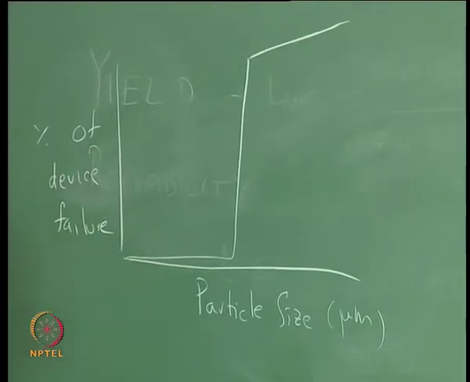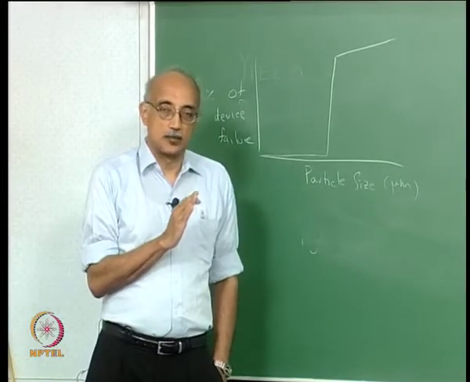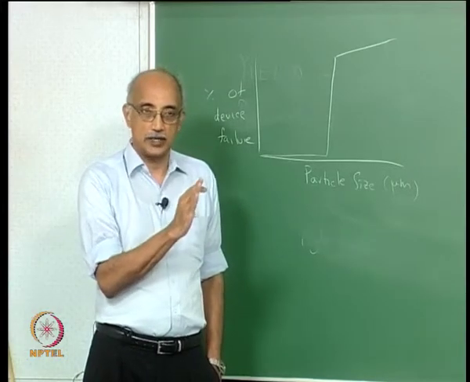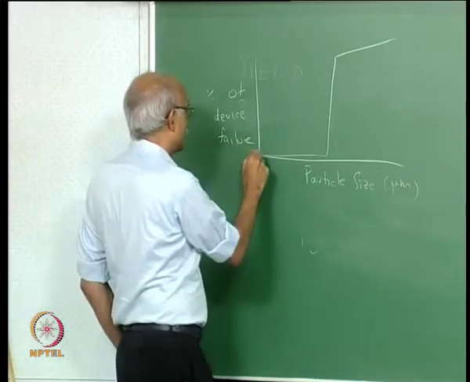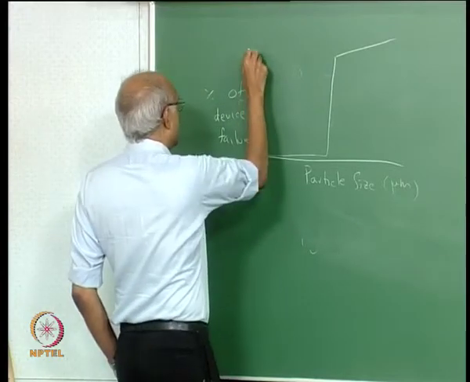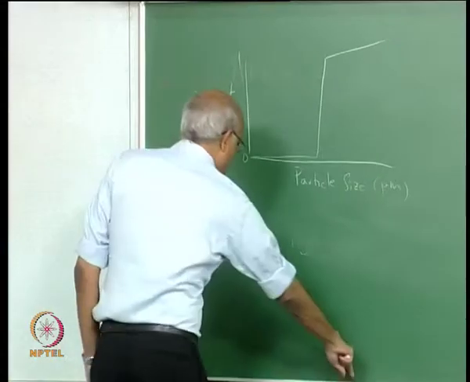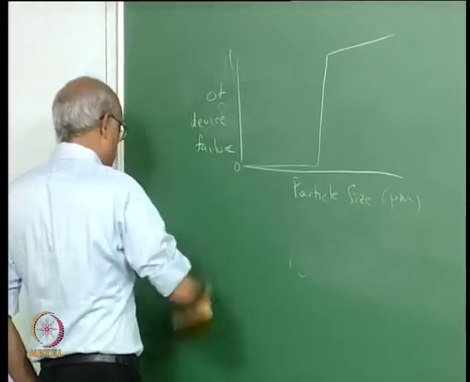There is a threshold value below which a particle will not cause any problems, but as soon as you reach that threshold value, all of a sudden your probability or percentage quickly goes up to 1. So let's plot this in terms of probability rather than percentage.